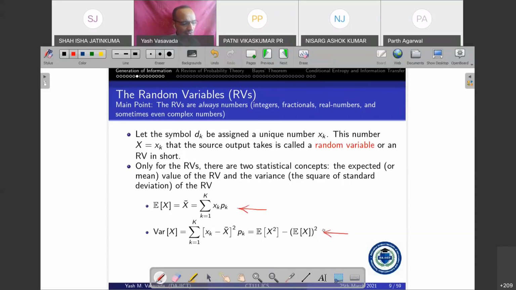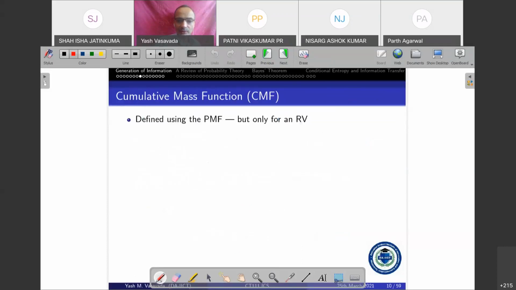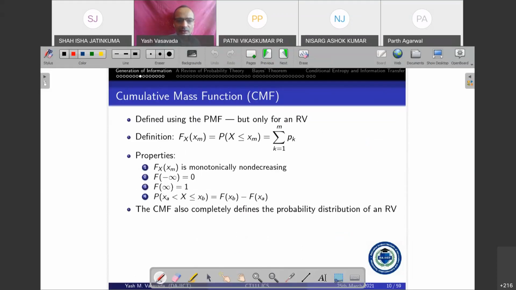Expected value shows to us the most likely value that the random variable takes. And the variance tells us the deviation, the jitters, the fluctuations that the random variable exhibits around this expected value. Okay. And then we looked at this notion of cumulative mass function, which is nothing but the integration of the probability mass function.